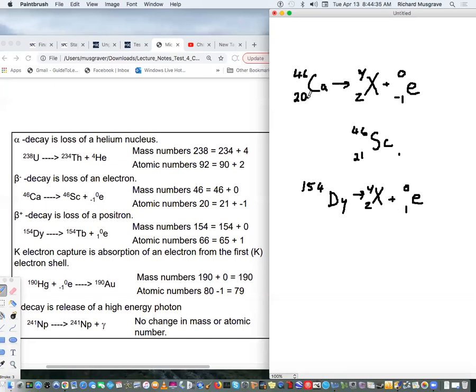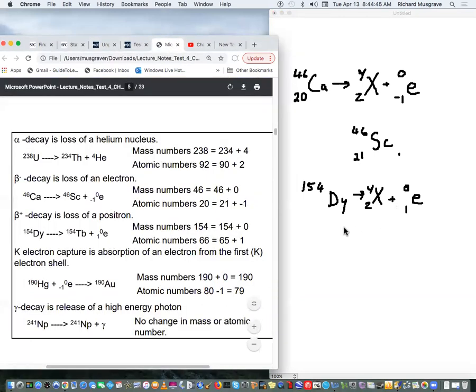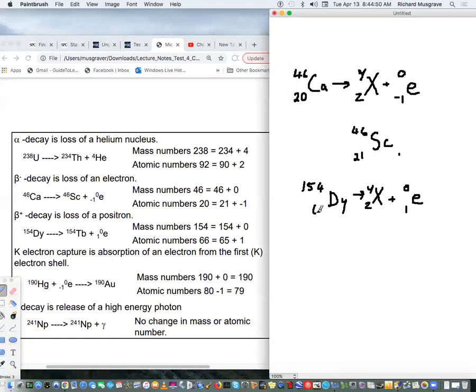For dysprosium, I can't remember the atomic number off the top of my head, but I go down here to the periodic table and find it. There it is, 66. So 66 goes here, and you can see that Z would be 65, which happens to be Tb, and the mass would still be 154. All right, that's positron decay.